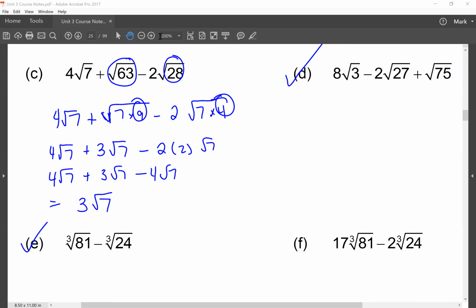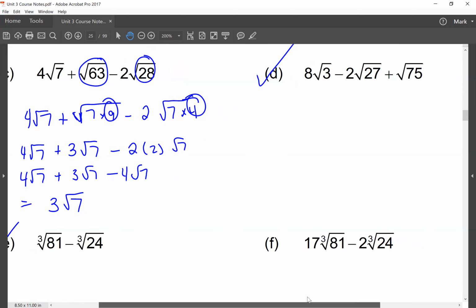All right, let's have a little look at the answers here. So for something like D, again, the problem with D is we have root 27, root 75. They're not going to be easy to solve. So what I need to do is reduce or simplify these radicals.